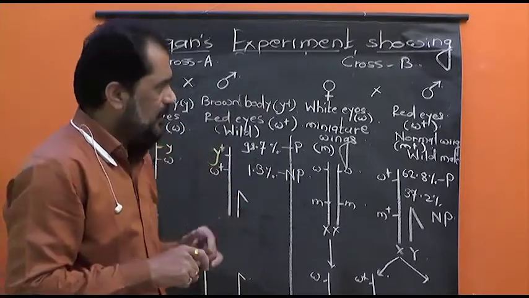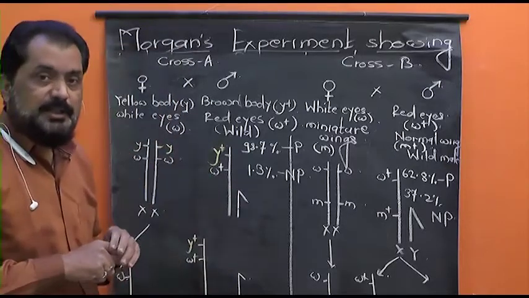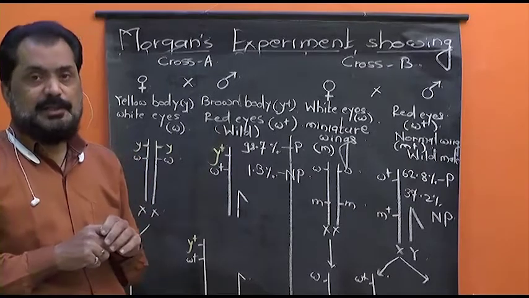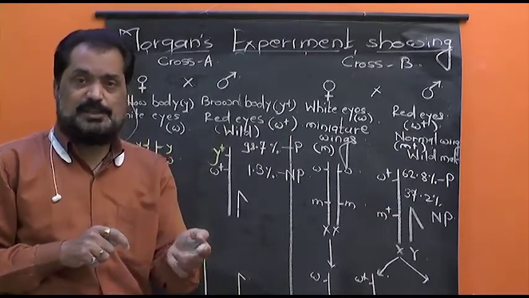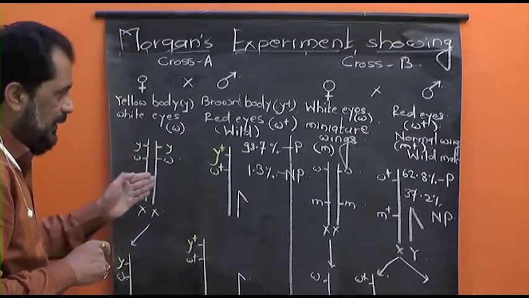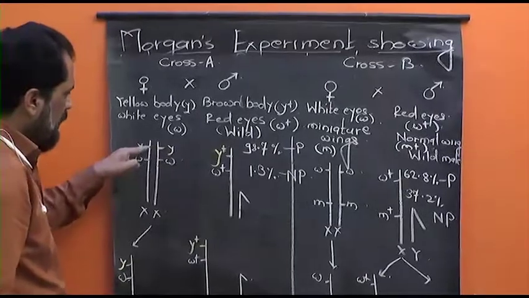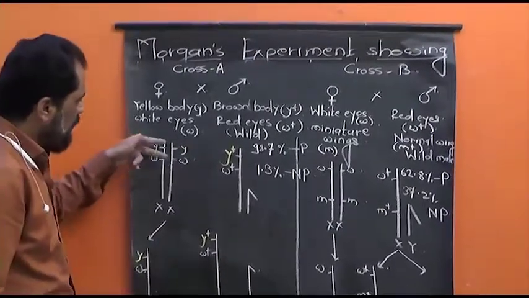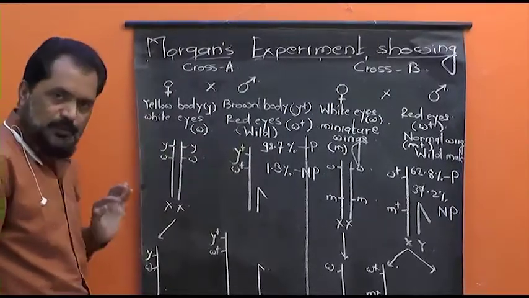Listen, the linked genes on one chromosome, if closely placed, that is strongly linked, have fewer chances of recombination. Look here, purposefully I have shown on this X chromosome these two genes placed quite close to each other.